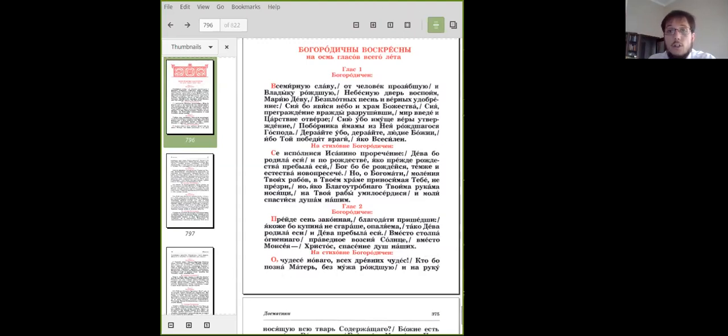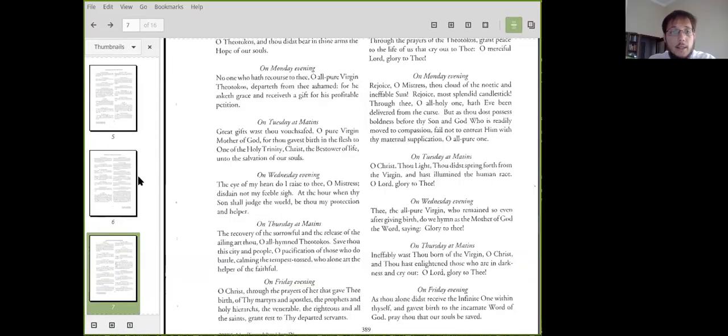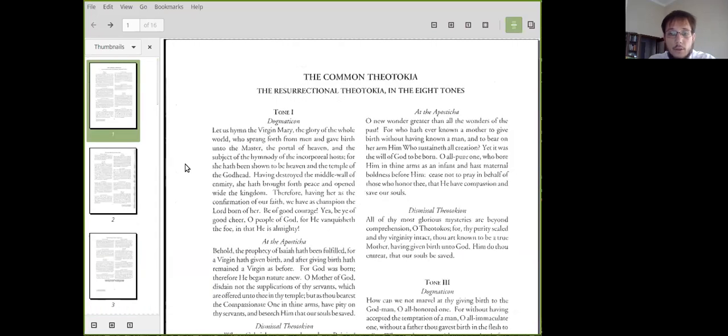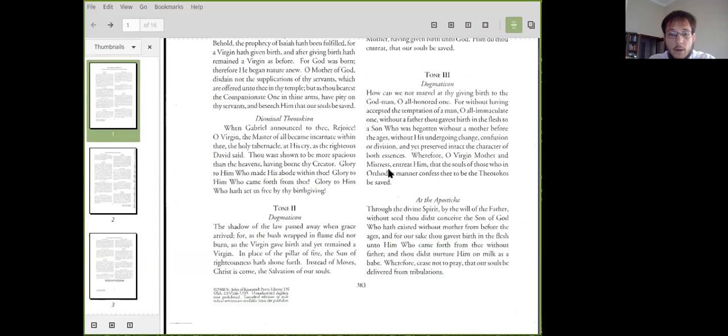So in English, you've got the same thing in the English Menaion as well. We go to Appendix 1 to find the primary or dogmatic Theotokion, okay? Here is our hymn, the shadow of the law passed away when grace arrived.